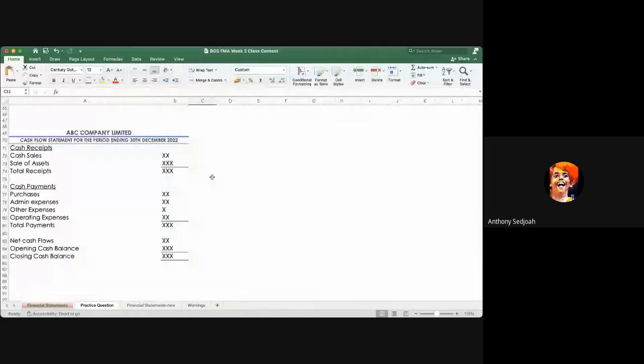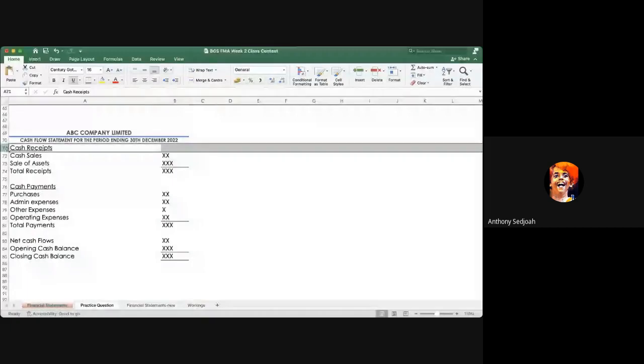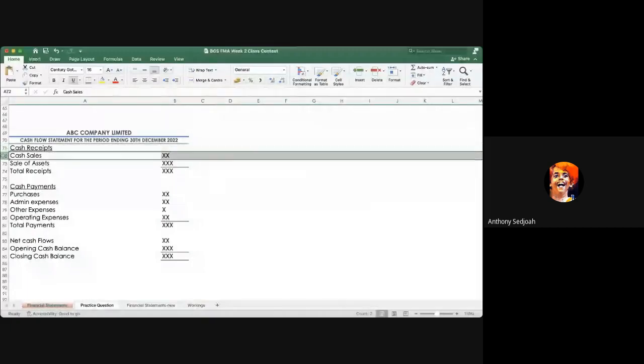So as I said, cash flow statement is basically showing us the movement of money within the company, money that comes in and the money that comes out. So from the format over here, the cash receipts are the money that comes in. So when you make sales, you get money, but it's not just any type of sales. It should be cash sales, because you can decide to sell and then your customers won't pay immediately. In that case, you've made sales, but they've not paid, so there's no cash movement.